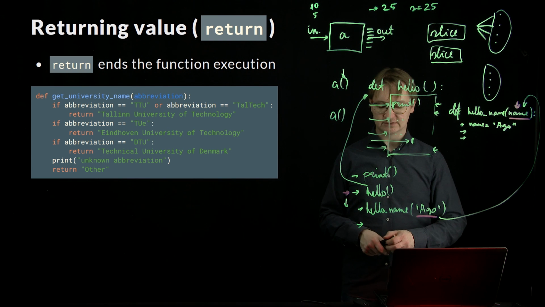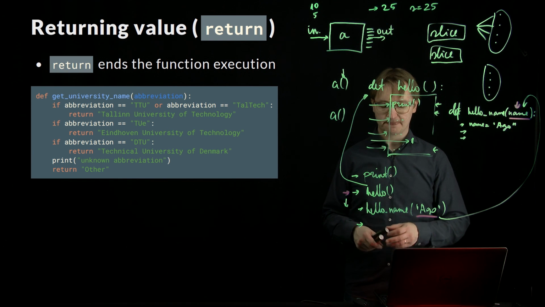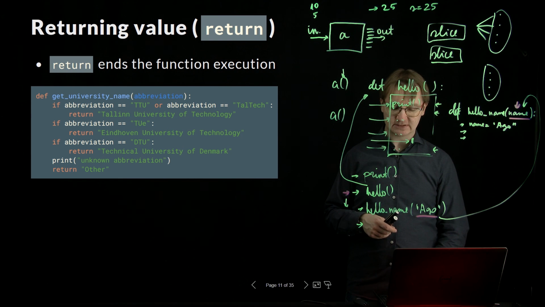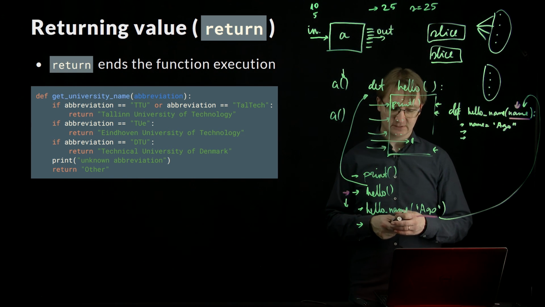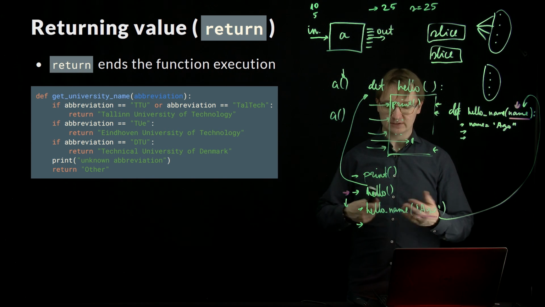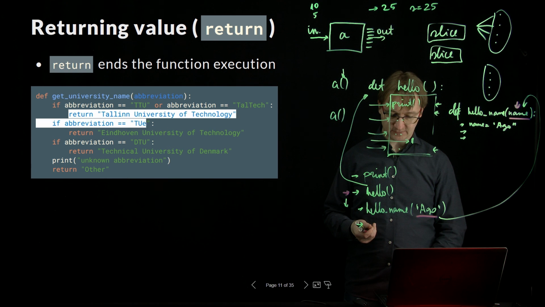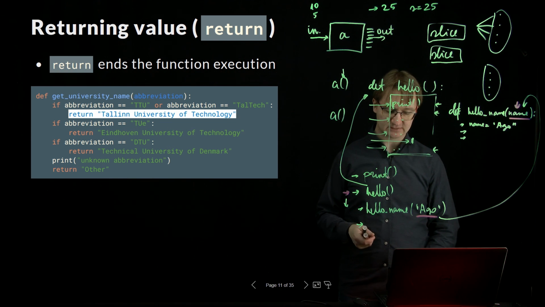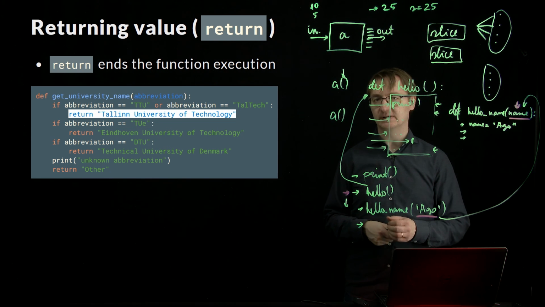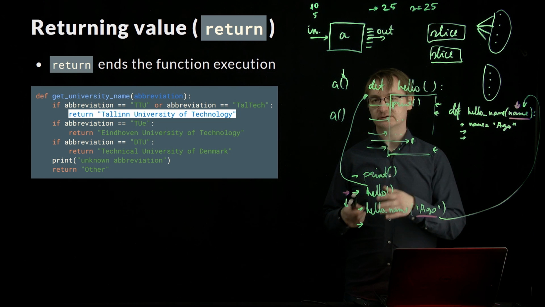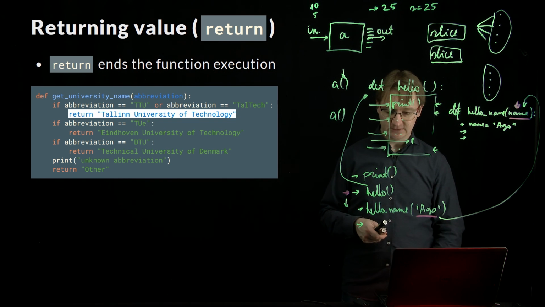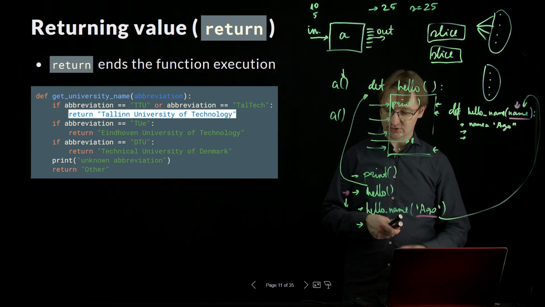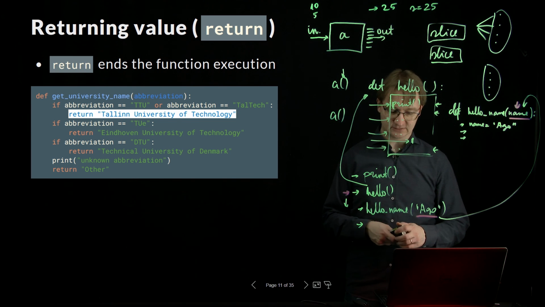Here we used just some conditional sentences, and if one of those conditionals is true, we will go into the body of this condition sentence, and inside this we will have return. What return does is that it finishes the execution of this function. So after this return statement, we will not continue with this function execution.